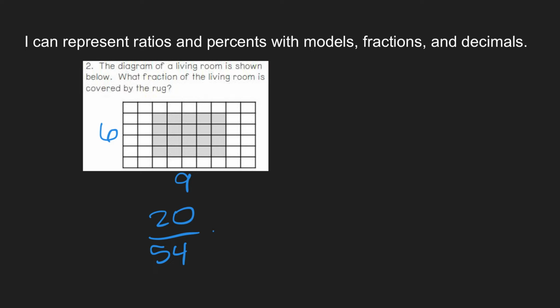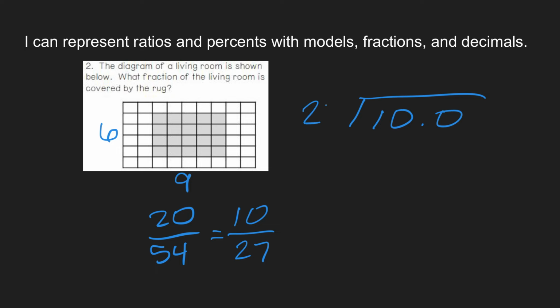What if we just, maybe we could simplify it to be 10 out of 27, and then maybe just, why don't we just divide? 10 divided by 27, and we'll see what fraction we get. So that's 0, 0, so 27 into 100. Let's see.